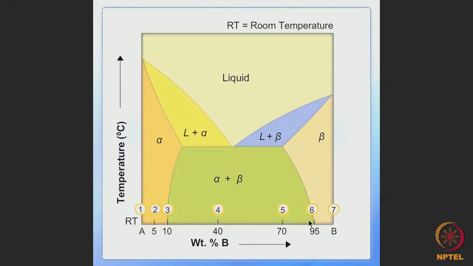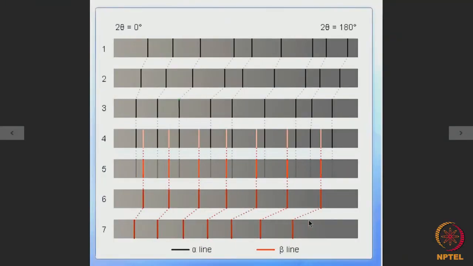And then when we examine the diffraction patterns, you see, this is for the pure component A, sample number 1, and these are the diffraction lines for the pure component B.